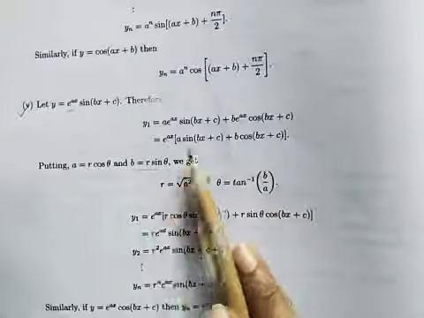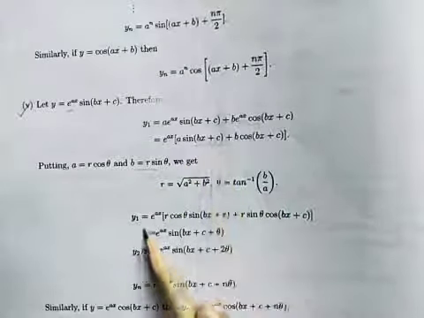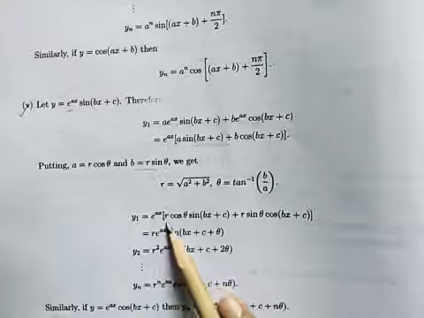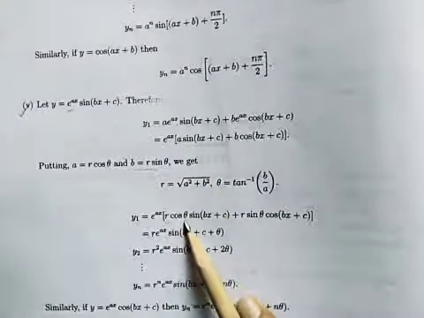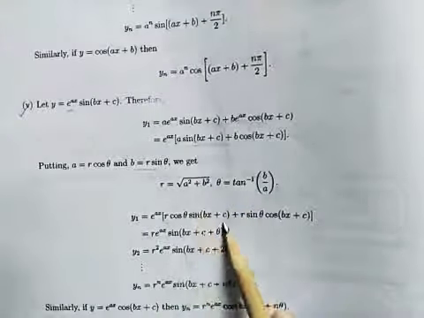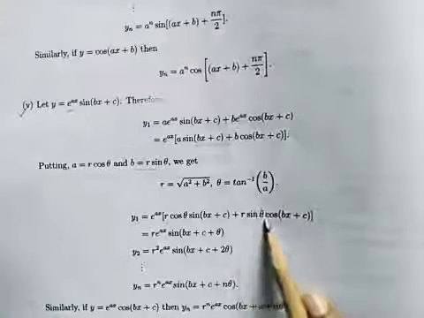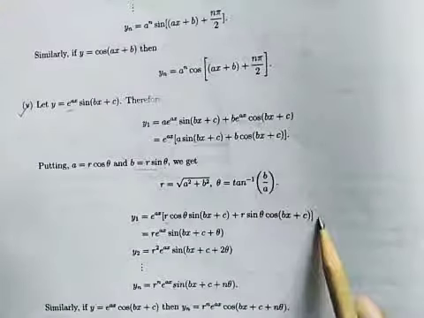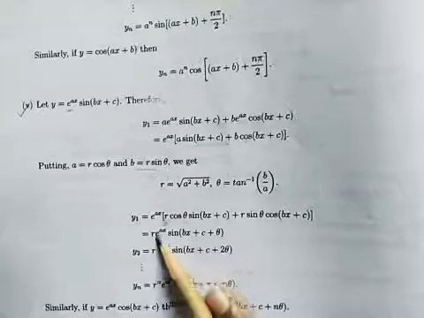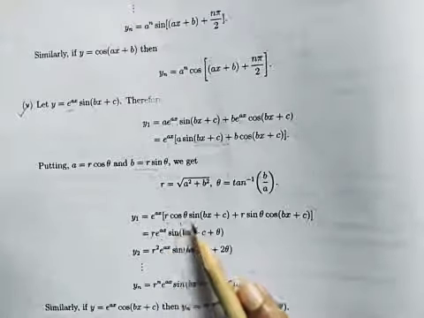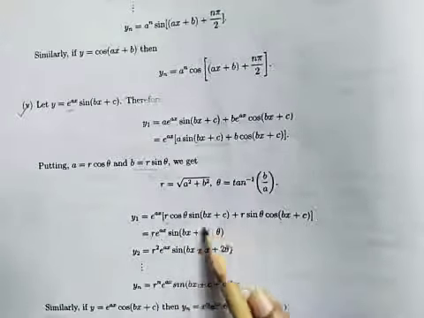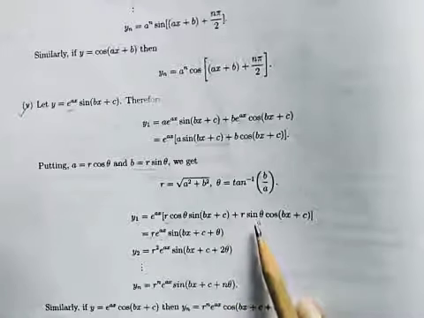So let us replace these values in y1. So y1 is equal to e raised to ax as it is, and in the bracket a is r cos theta times sin(bx plus c), plus b is r sin theta times cos(bx plus c). Let us take r common, so r e raised to ax, and here we will use the formula for sin of (A plus B).